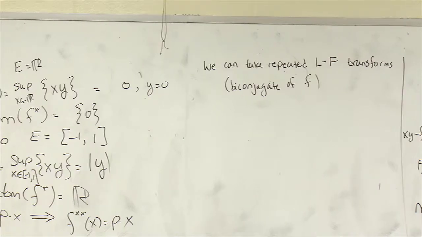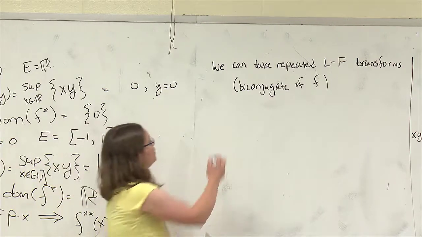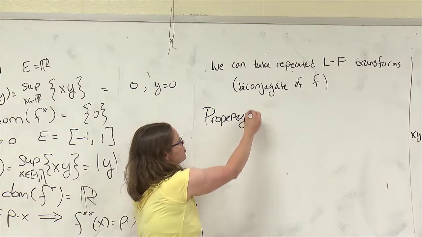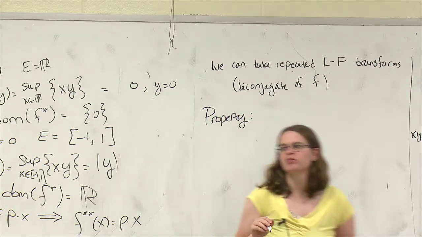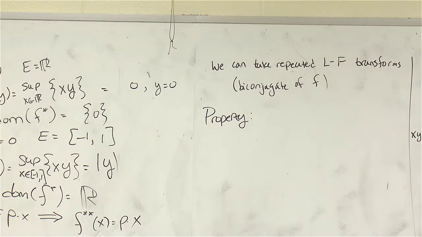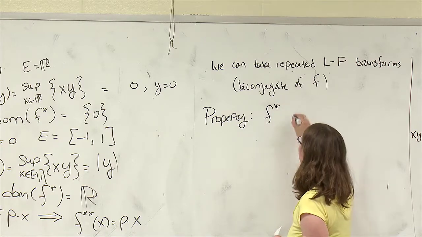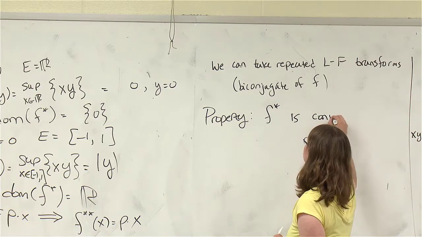So what do we need to know about these things? I'm going to list a bunch of properties of the Legendre transform. Some of them I'll prove, some of them I won't. But I want to give you an idea where this all comes from. And one is that when we take these Legendre transforms, we get a convex function.